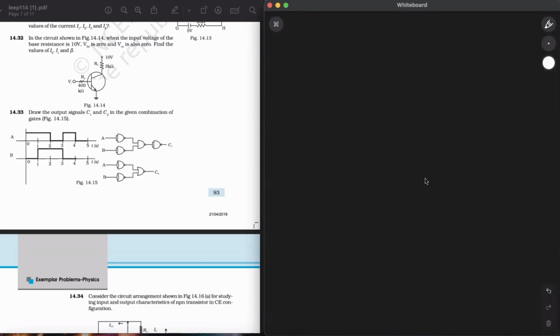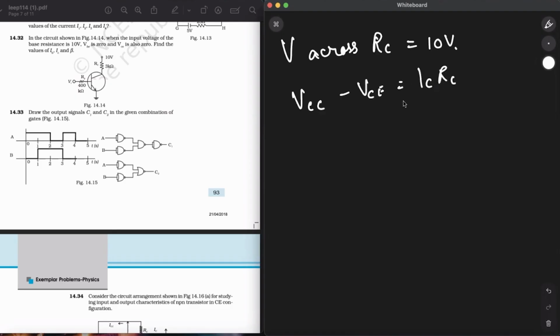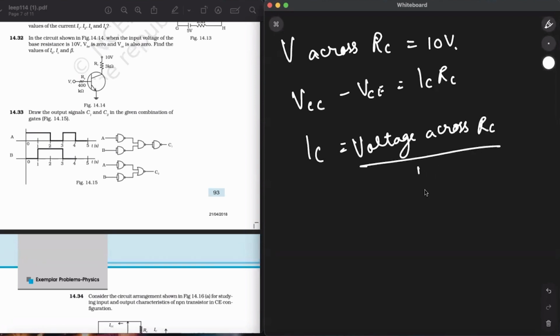Okay. Now voltage across RC, it will be 10 volt. So VCC minus VCE will be ICRC. Okay. So IC will be voltage across RC by RC.